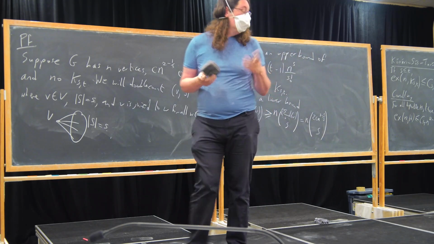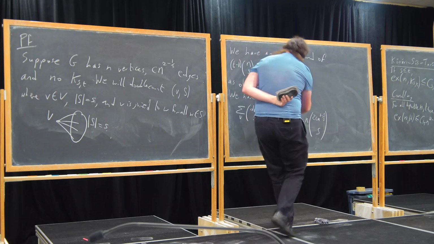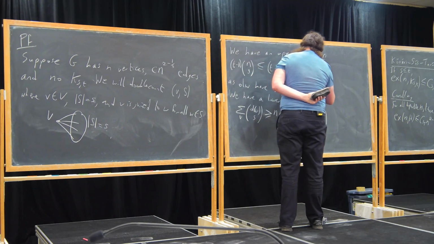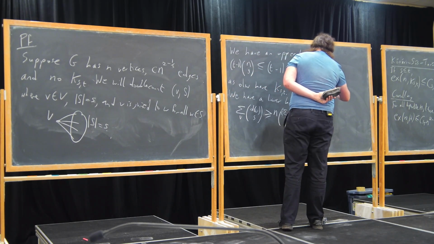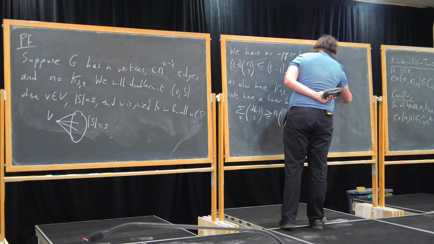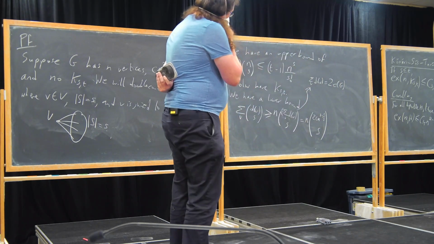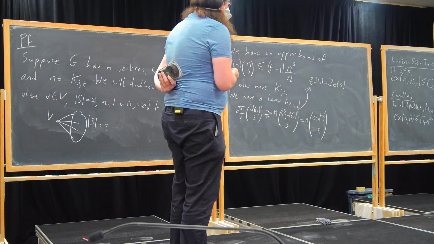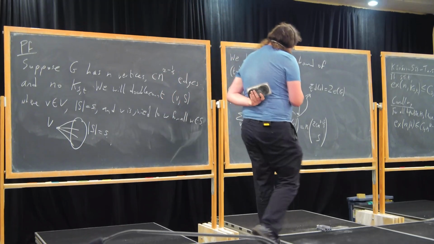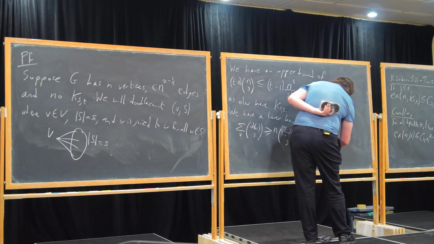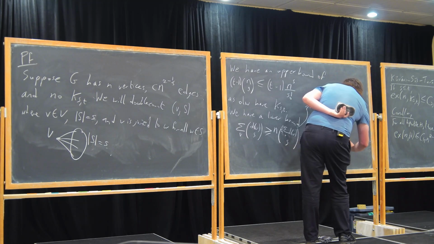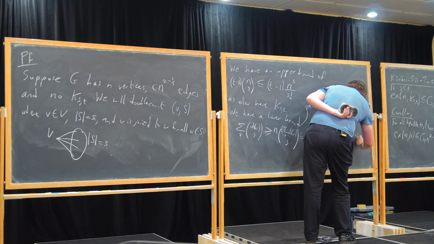So that's just substituting in and using the fact that the sum over v of d_v is twice the total number of edges. If n is large enough, and let's assume n is large enough, it makes life a little bit easier, then this is at least n times this thing to the power of s divided by s factorial.